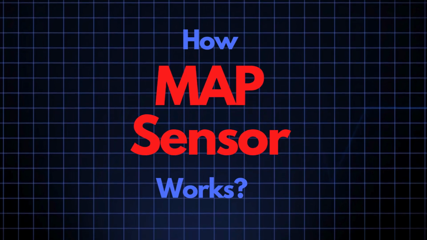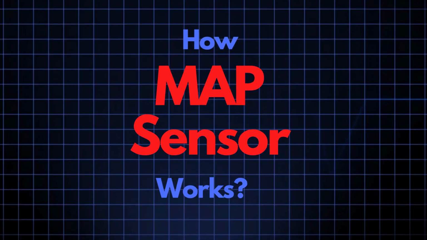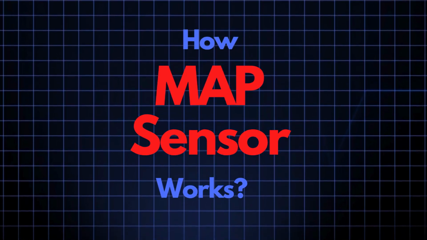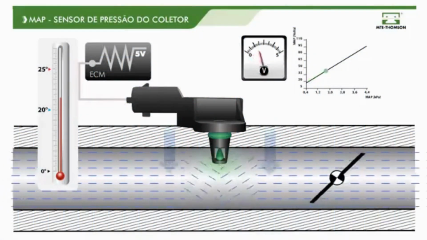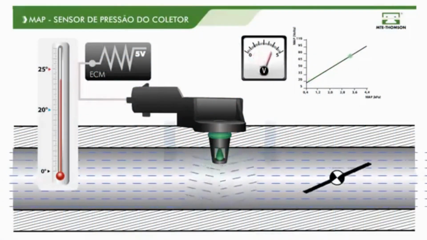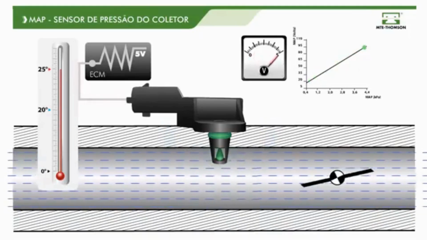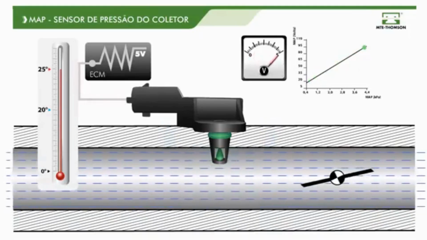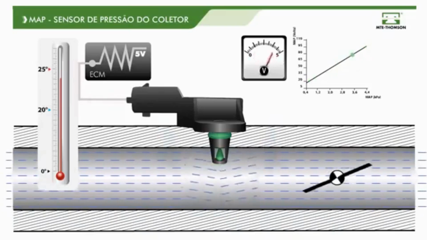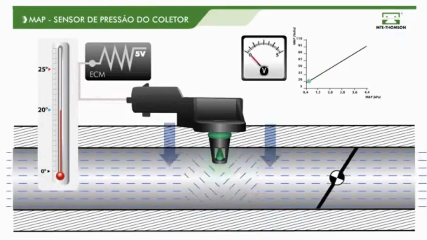Now let's talk about what the MAP sensor actually does. The manifold absolute pressure, or MAP sensor, is responsible for measuring the air pressure inside the intake manifold. From this pressure reading, the ECU can determine how much air is entering the engine and how dense that air is.